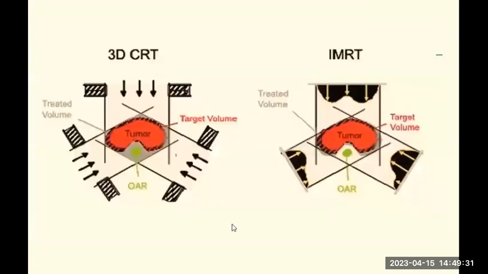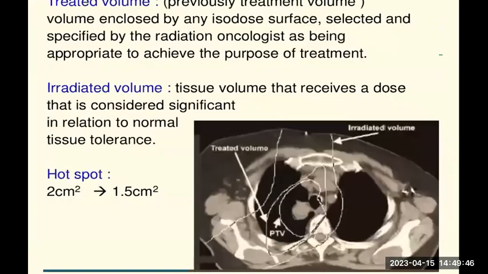So this is another perspective. In 3D conformal radiotherapy, you can find that there is a tumor, with beams from all directions, and the arrow marks are the same shape. That is the target volume represented in this diagram.